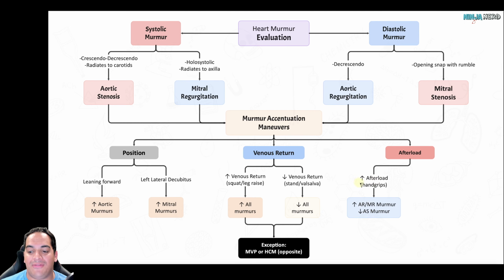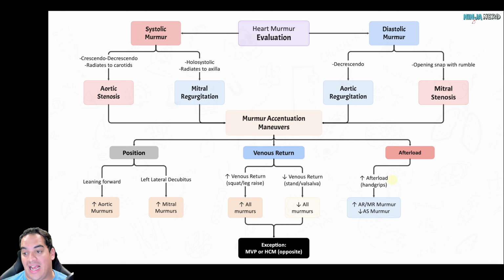Why? Because if the afterload is high, the pressure in the aorta is high. So now blood will just flood back from the aorta into the left ventricle. So think about that. That's going to cause aortic regurgitation to be increased. Plus, you're going to have more volume in the left ventricle. So when the left ventricle contracts, it's going to push more blood back into the left atrium. So that's why MR and AR would be significantly increased.